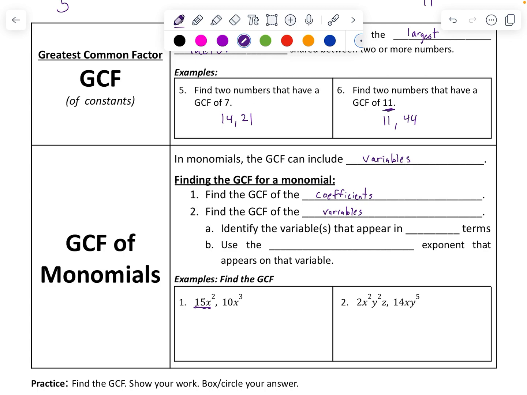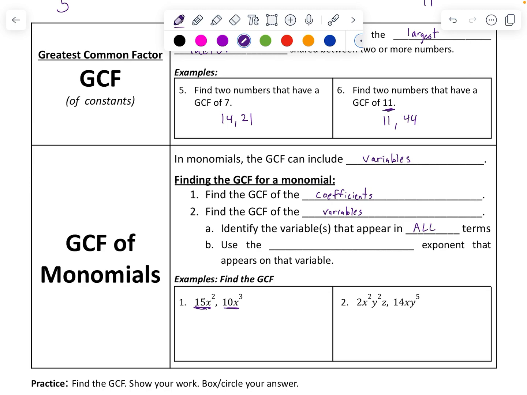So if it's going to be a common factor, obviously it has to be a variable that appears in all of the terms. If it was 15x and 3y, those aren't the same letter, so they can't be a common factor. And then with the exponents, let's take a look at the first example. 15x squared and 10x to the third power.